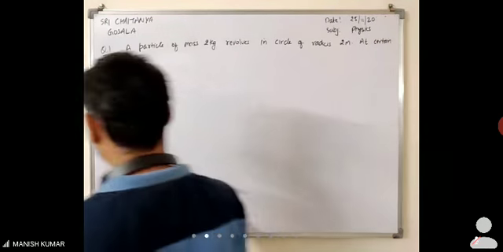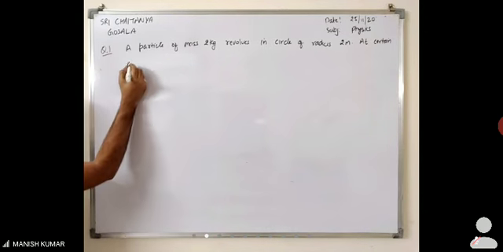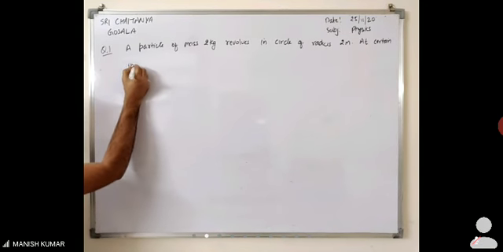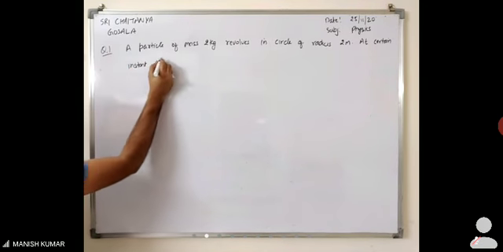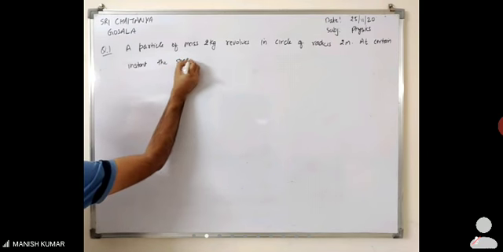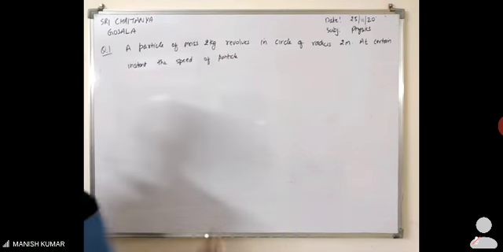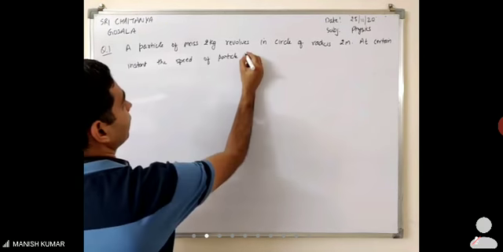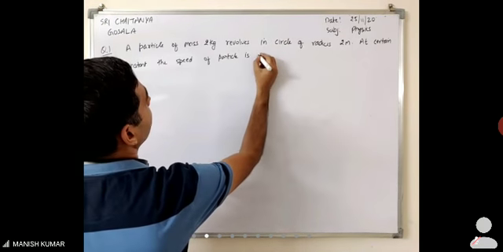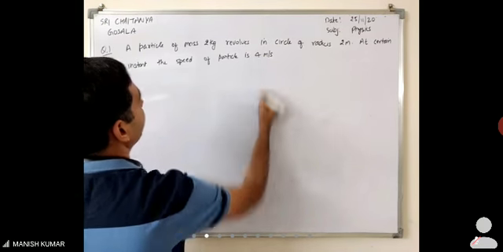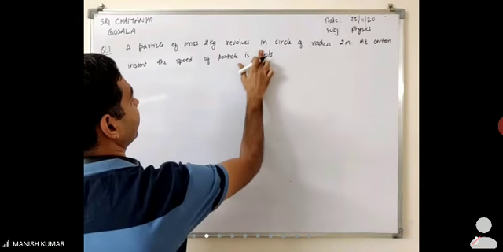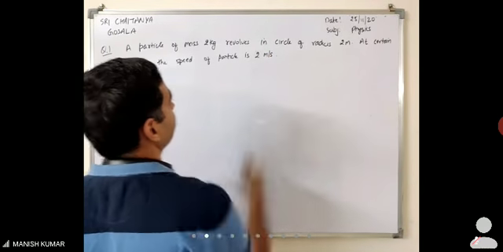At certain instants, the speed of the particle is 2 meter per second.